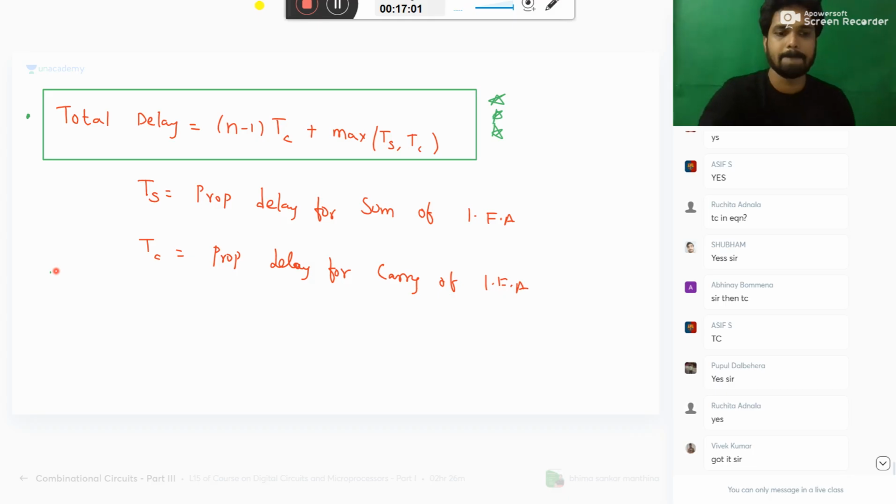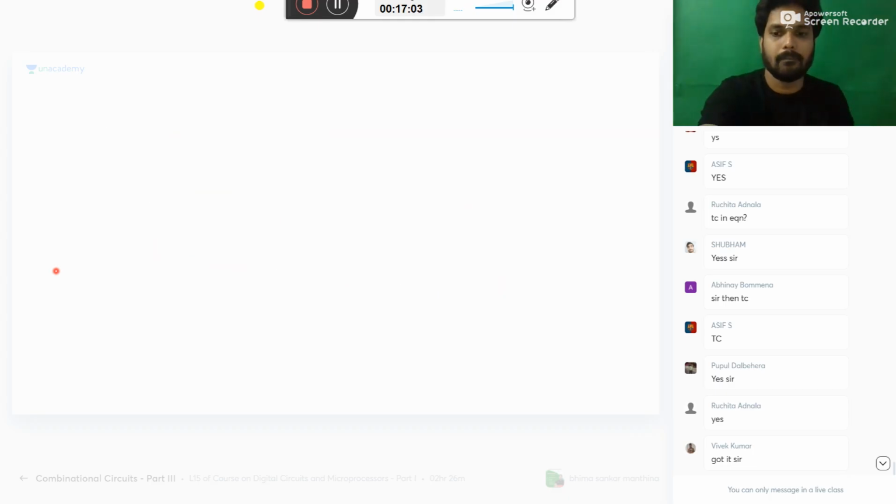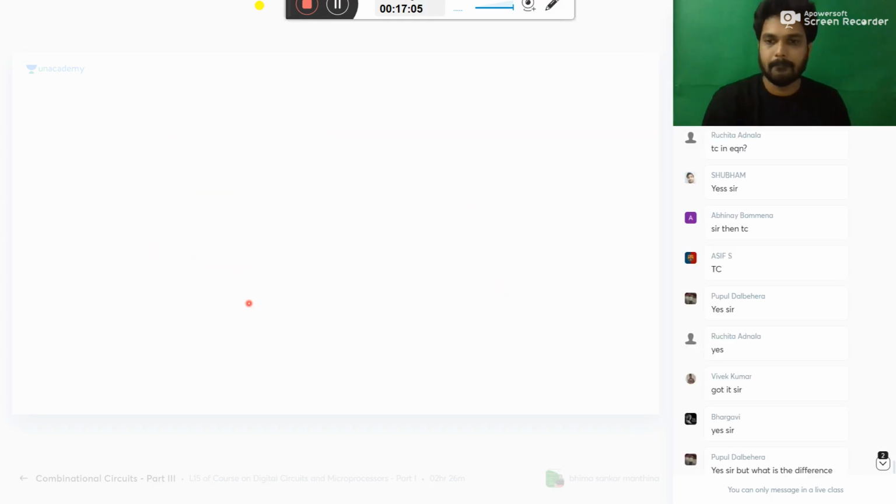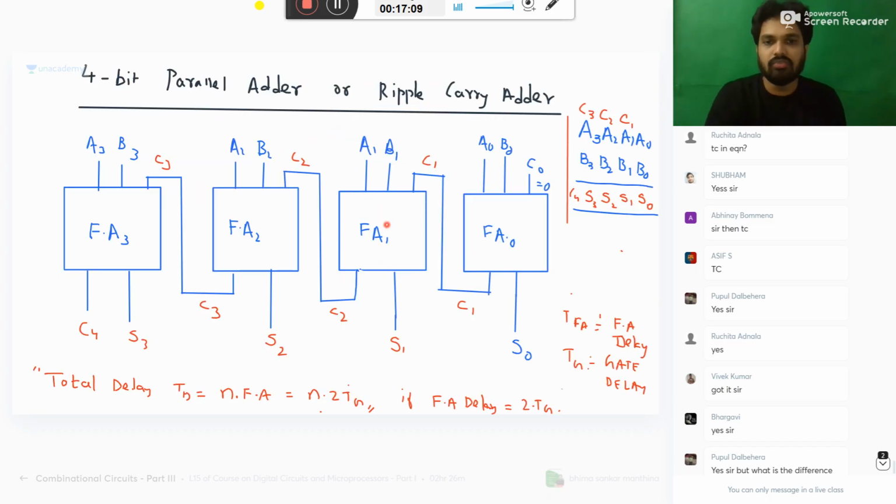Similarly, previously you considered total delay of this whole full adder. But what I am saying is the second case is you get sum and carry, but you need not wait for sum.